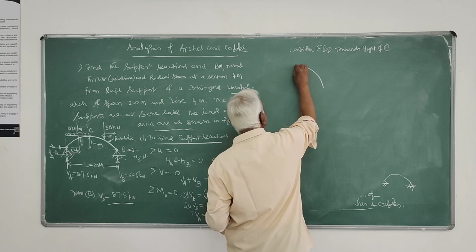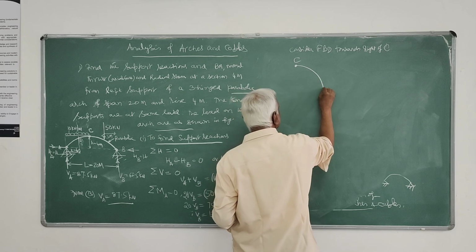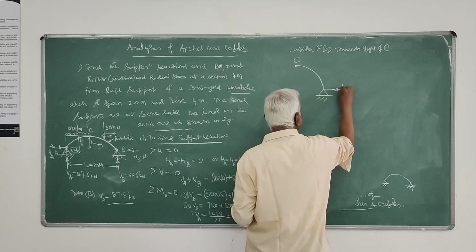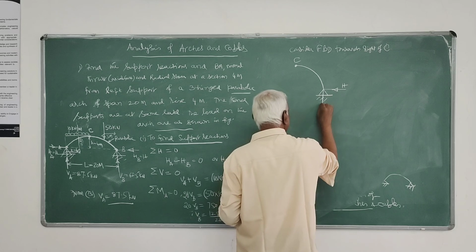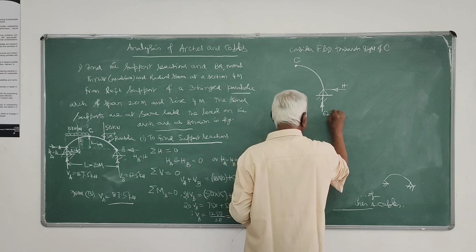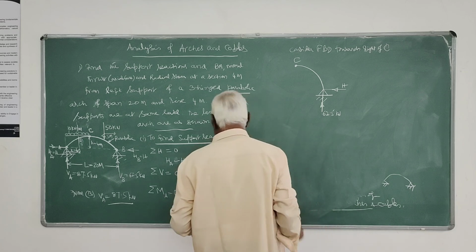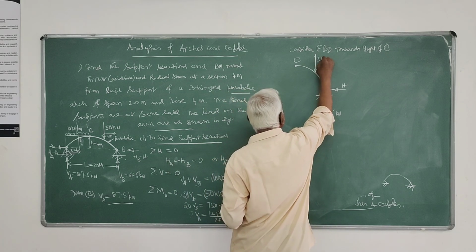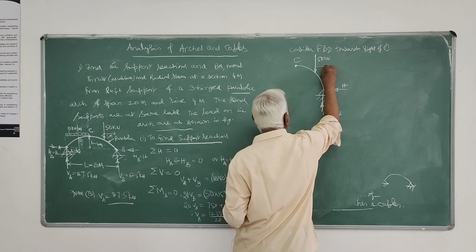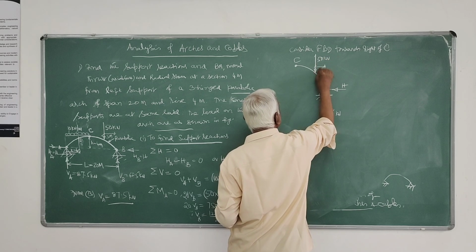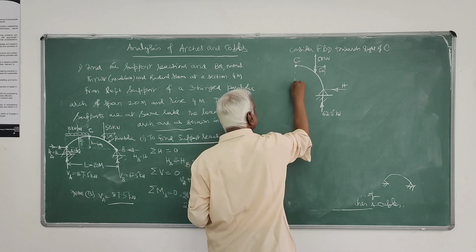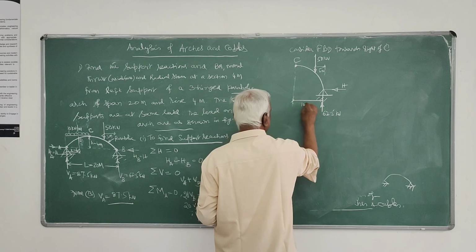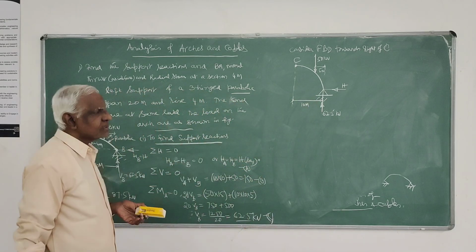This is that C. You have H, you have here the vertical reaction 62.5 kilonewtons, and you have one concentrated load 50 kilonewtons at a distance of 5 meters, and this distance is 10 meters because it is half of the span.